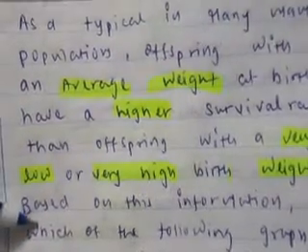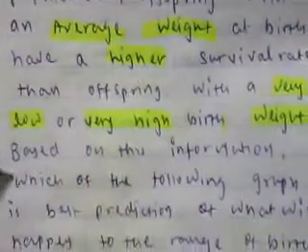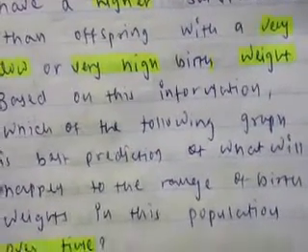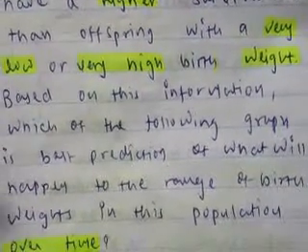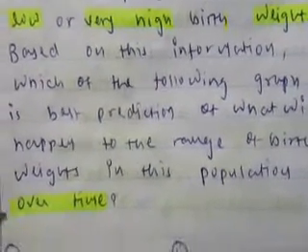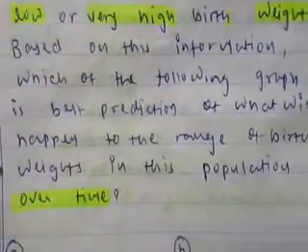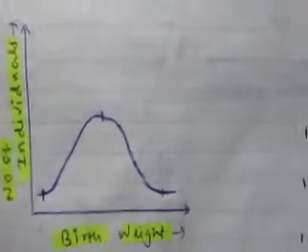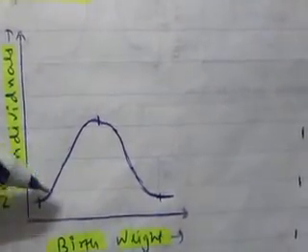Based on this information, which one of the following graphs is the best prediction of what will happen to the range of birth weights in this population over time? We have to choose one among the answer options. In this graph we can see that there are three extremes.